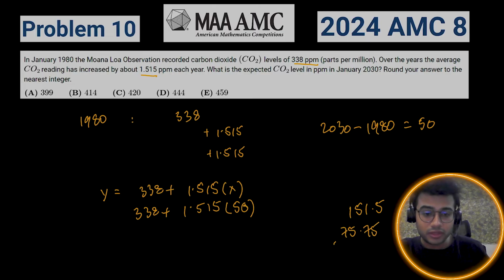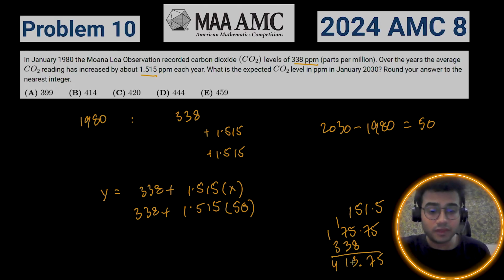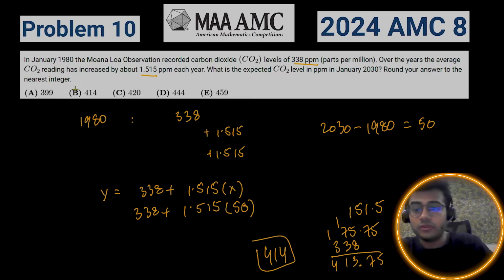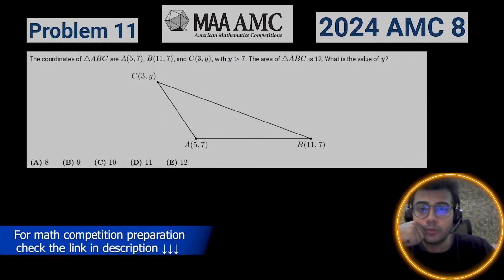So that's what we're going to add to 338, and it gives us 413.75. To the nearest integer, it will be 414. So the answer is B.